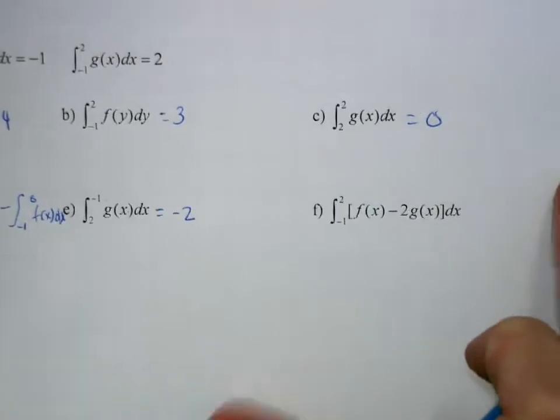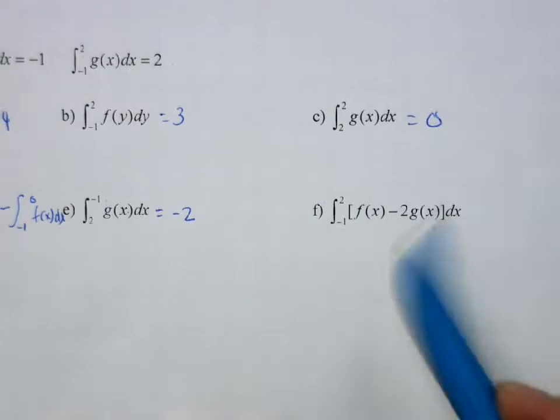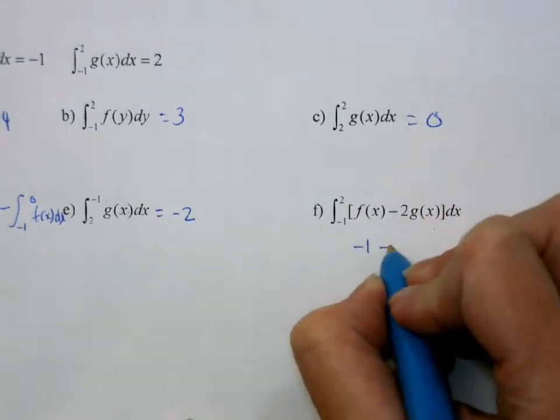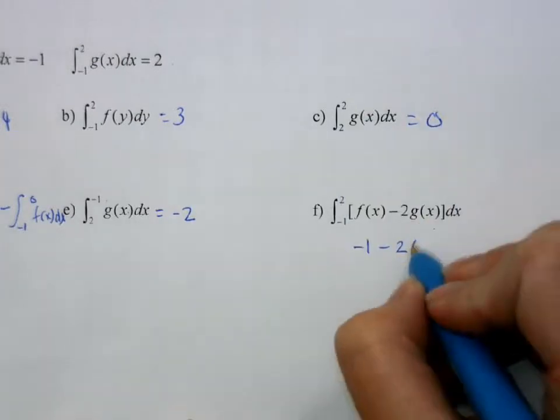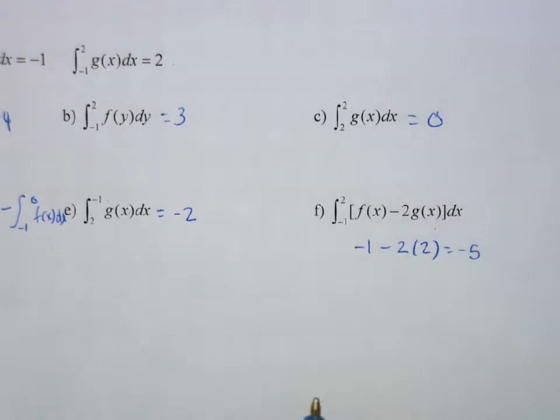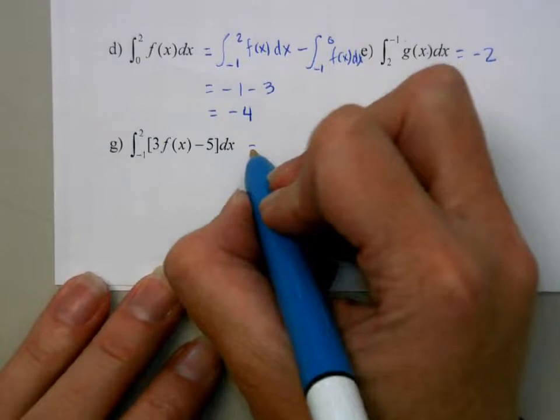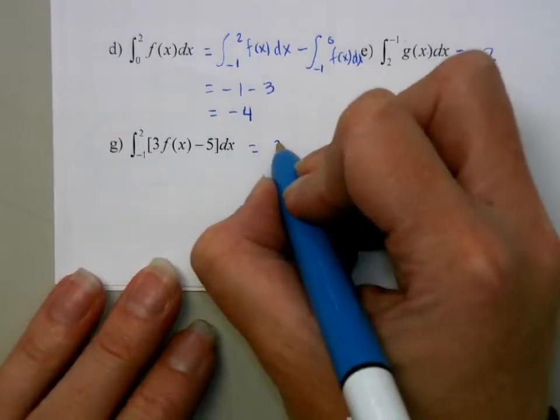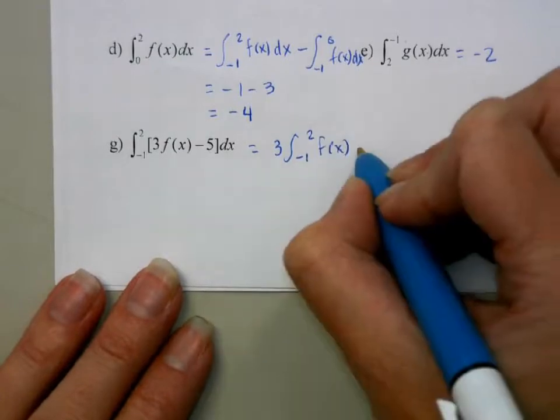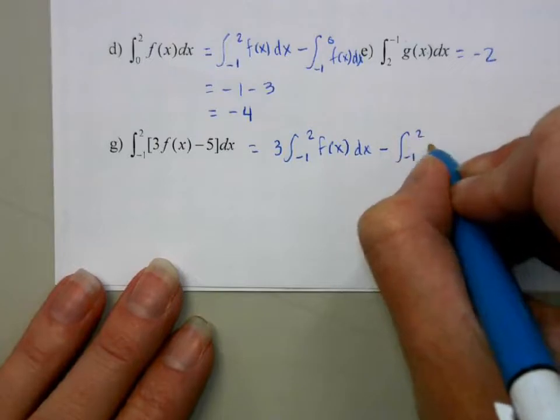Here we're combining, the bounds are from negative 1 to 2 of f of x minus 2g of x. So f of x from negative 1 to 2 is negative 1. G of x is 2, so this ends up being negative 5. Okay, this last one, I can split this up into 3 times the integral from negative 1 to 2 of f of x minus the integral from negative 1 to 2 of 5.